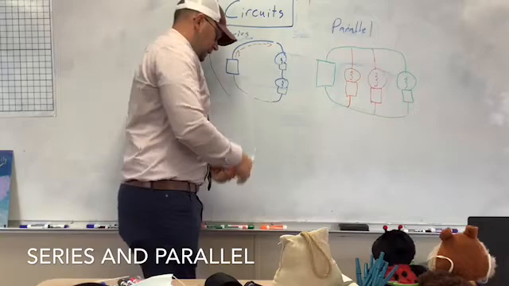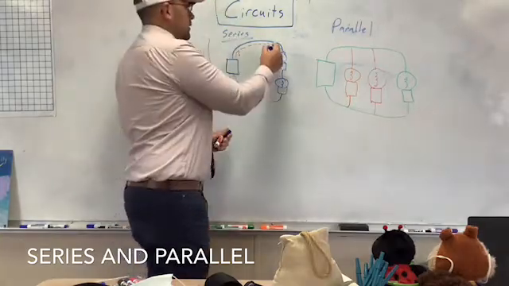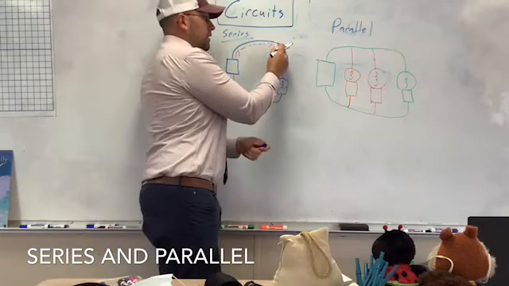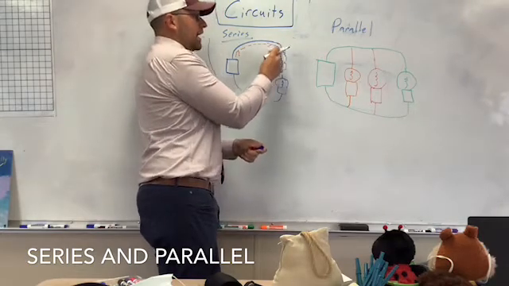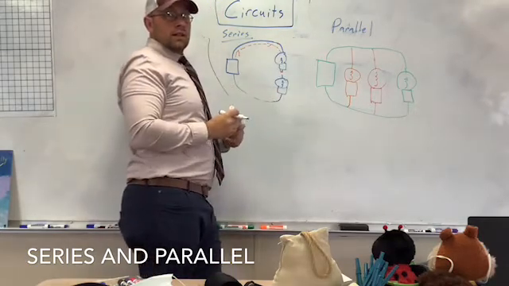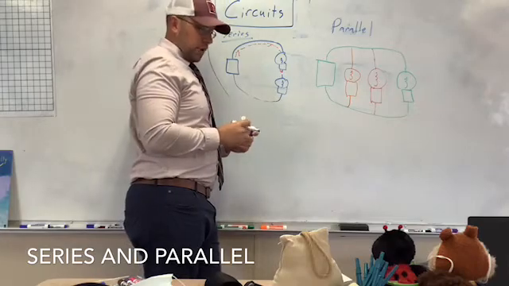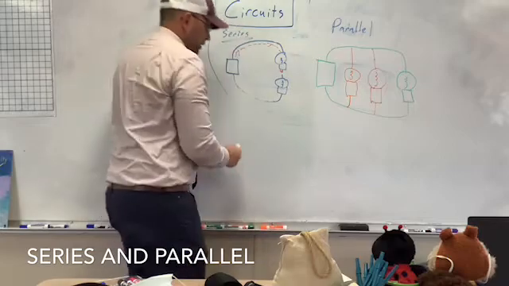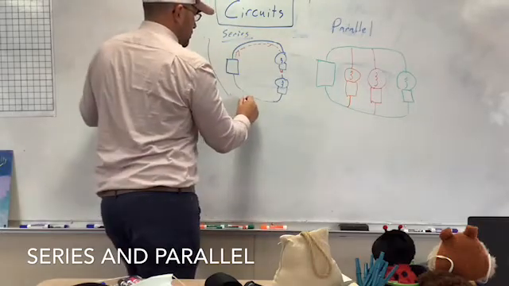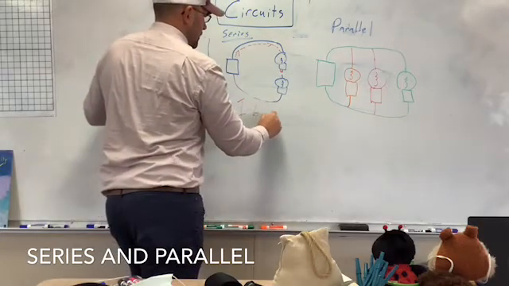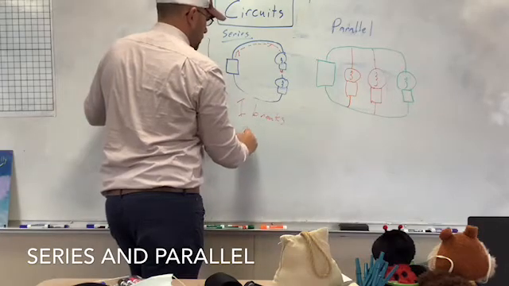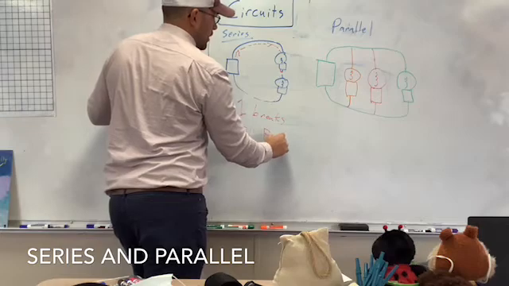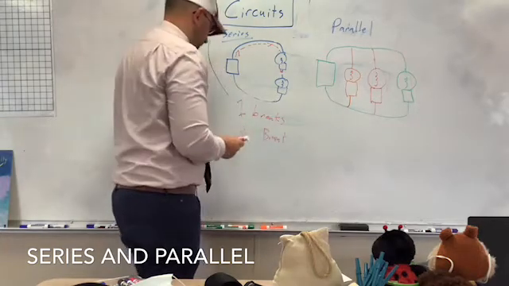What we need is a closed circuit. Even if I cut it right there, electricity is still flowing to there, but that light goes off too. They both will go off if one breaks. So in a series circuit, if one breaks, they all break, or turn off, whatever you want to say.